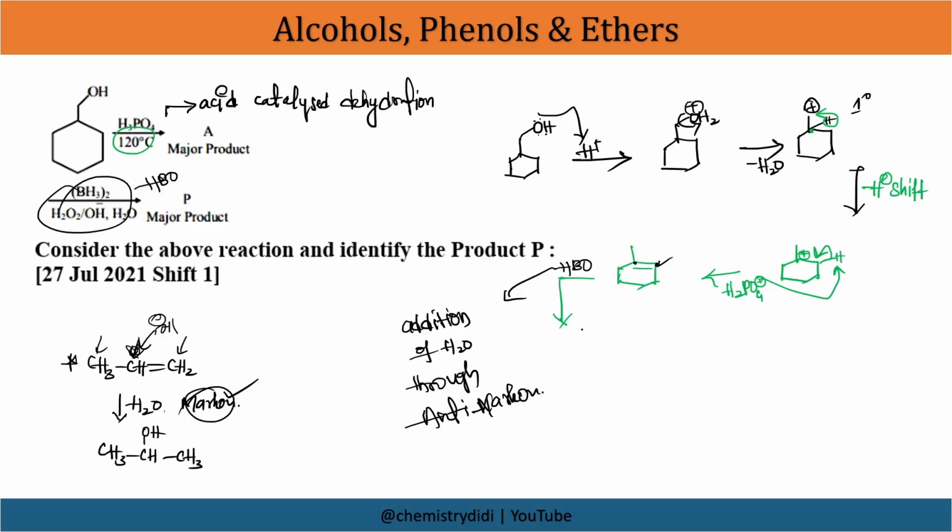Rather than this carbon, which is more substituted. So according to anti-Markovnikov rule we'll get this OH. Okay, I hope you have understood this. What exactly Markovnikov rule is, what exactly anti-Markovnikov rule is. We have added this OH negative to the less substituted carbon.